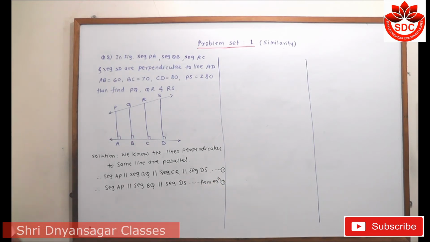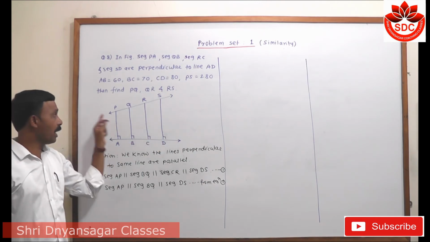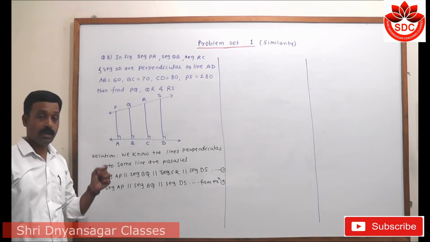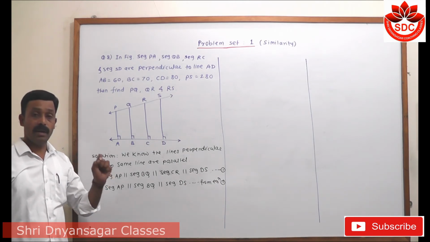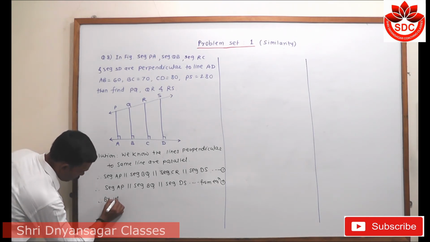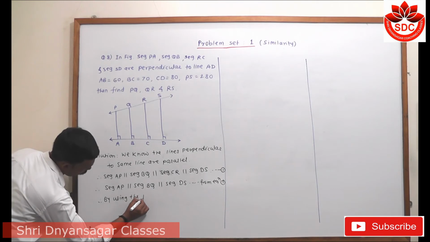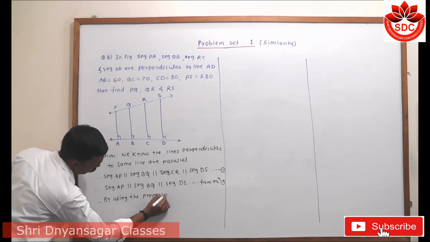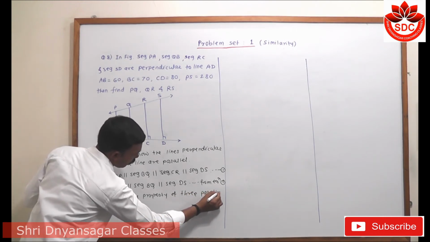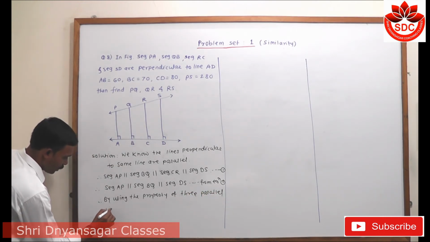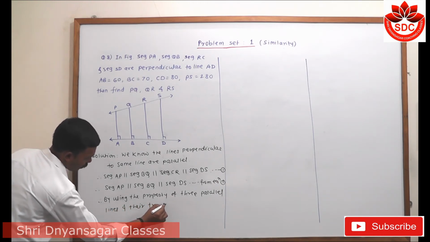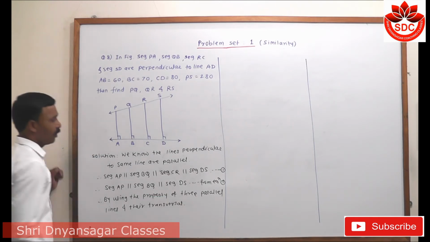Now student, if these three lines are parallel and these two line segments are the transversal, then by using the theorem or the property of three parallel lines and their transversal, we write the ratio.